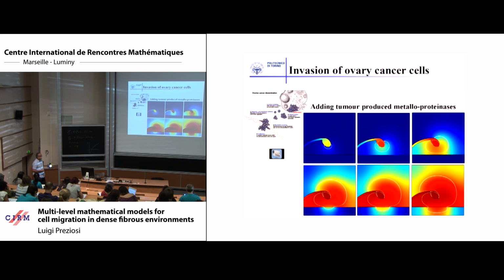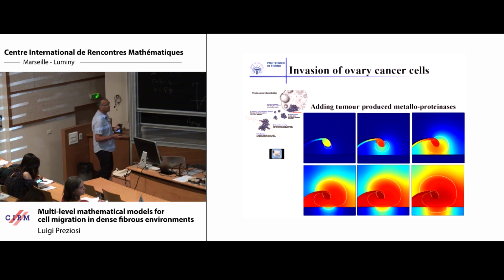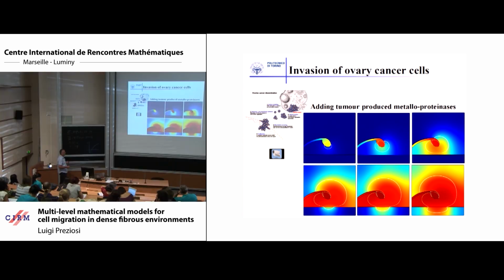They reach this membrane here, and gradually they degrade the membrane, so more and more cells are able to pass through the mesothelial lining, which is this one, and degrade the extracellular matrix below and invade also the layer below.